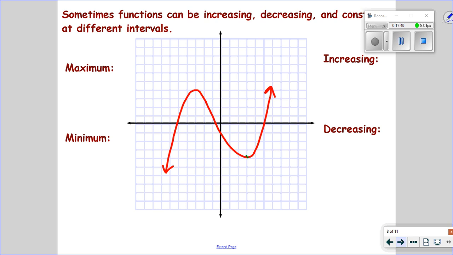And it's pretty easy to identify your relative extrema. Again, you're just looking for a high point or a low point as you read the graph from left to right. Okay, now how can we identify these? There are many different ways you can identify these points. Well, first of all, let me just say that this would be a local maximum, and this would be our local minimum.